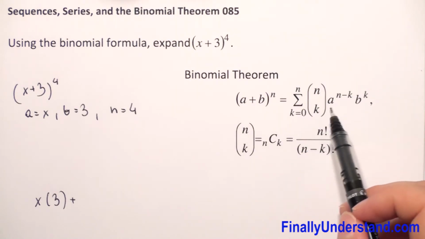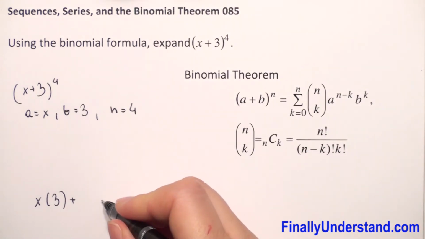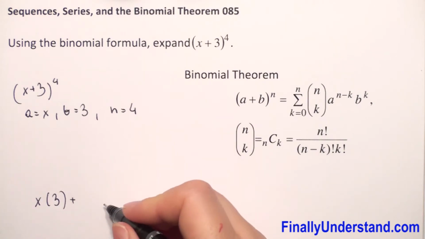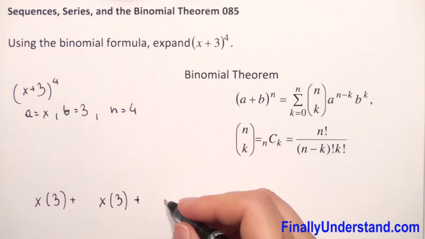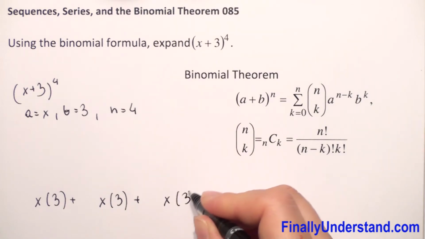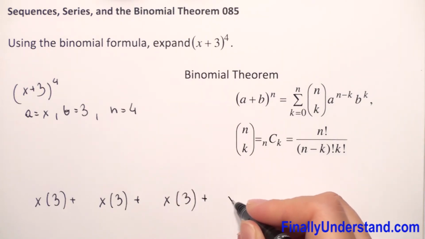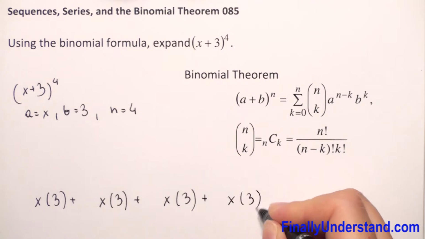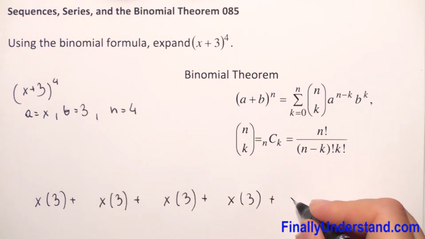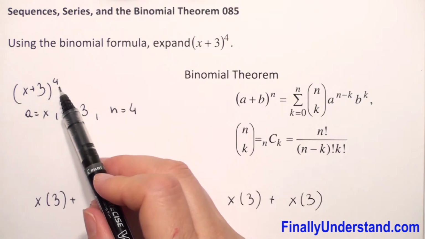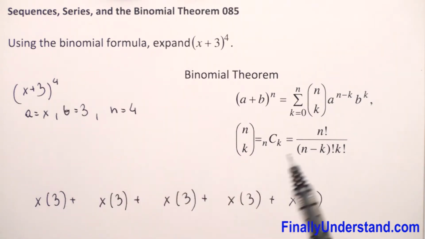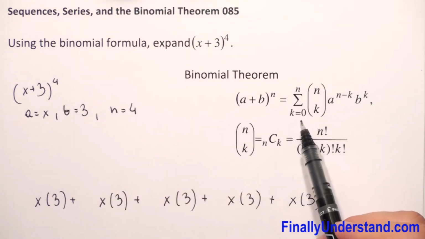First we write x times 3, 5 times, because the exponent is 4 and we need one more, because the sum starts from 0.